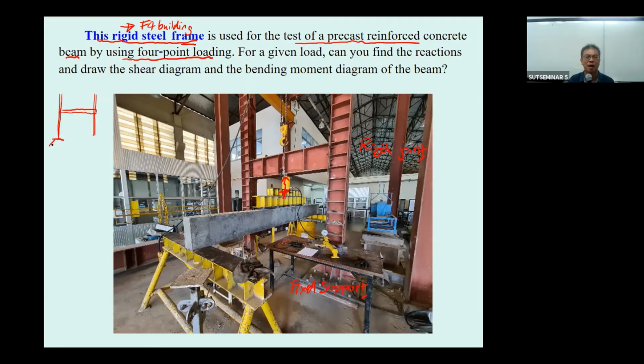By putting it together you may get this kind of model. Based on this model, you are talking about the rigid joint and the fixed support, and it is subjected to the load here.